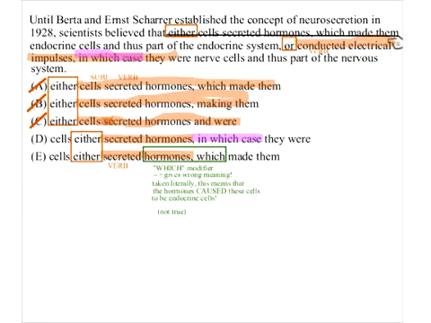Conducted, verb, object, comma, in which case, blah, blah, blah. Left-hand part is verb, object, comma, in which case, blah, blah. It's perfect. This is about as good as it's going to get. This is absolutely 100% perfect parallelism.